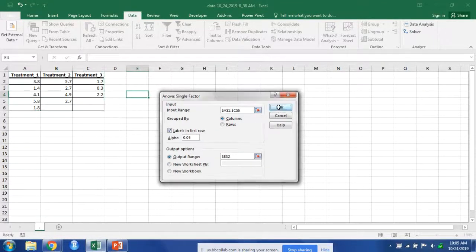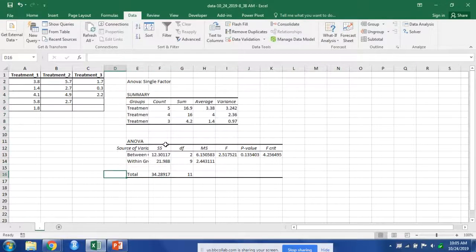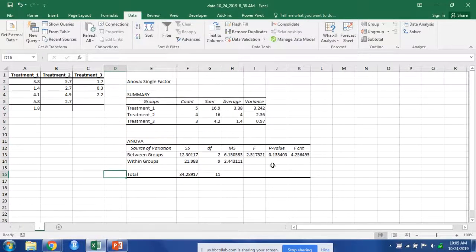Output it here, and it gives us our ANOVA table. So we have our sum of squares total, and our F value here. It calculates the p-value, and what we needed to see based on our results is a value higher than 4.2, but we only got 2.5.